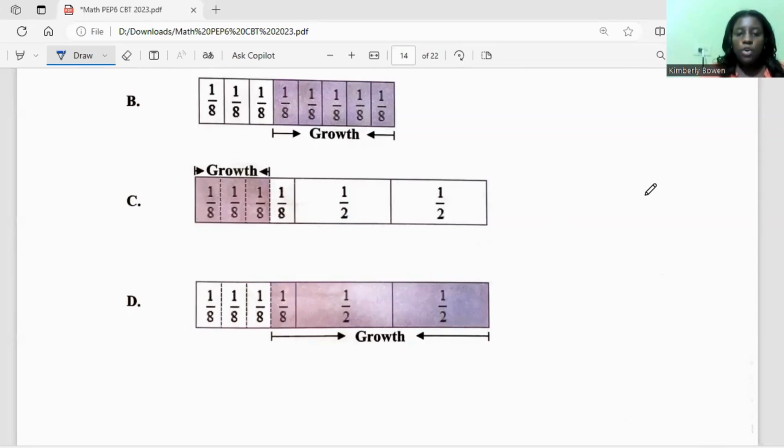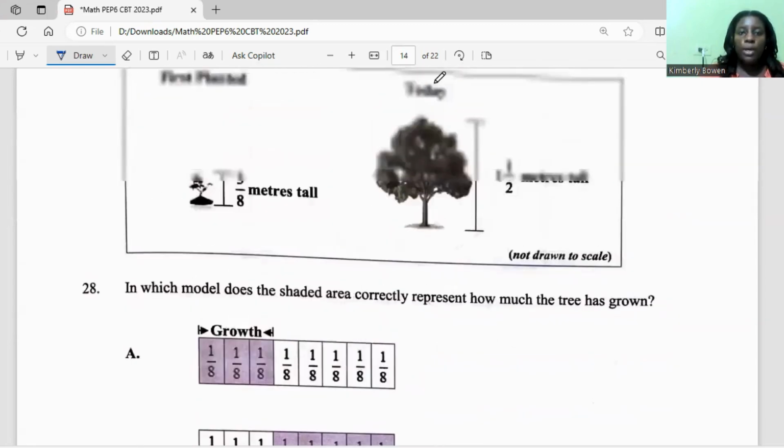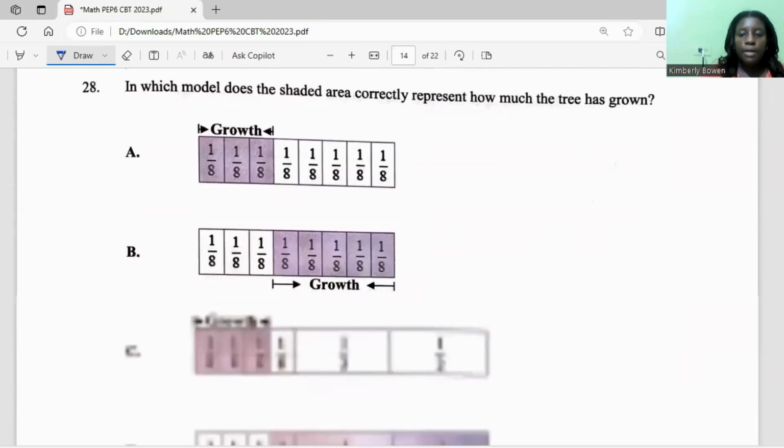All right, so if we look at the growth here, it's 1 whole and 1/8. And that's really where it grew. Because if it started at 3/8 and now it's at 1.5, right? 4/8 make up a half, and then you need 5/8 more to make a whole. So 5/8 plus 4/8 is actually 9/8, which is 1 whole and then 1/8 left. The correct answer is D.